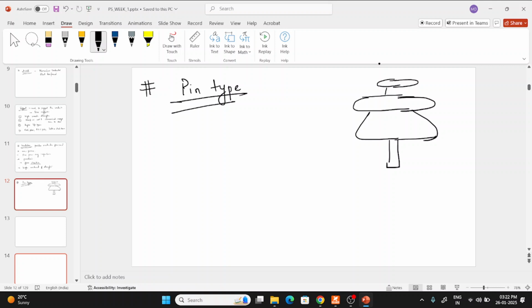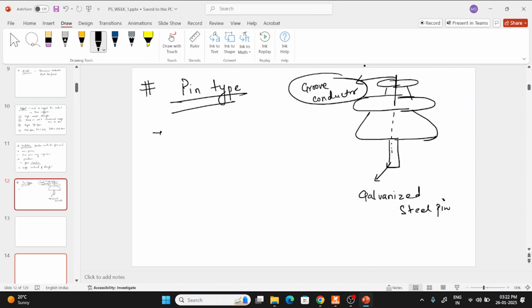Here it is a galvanized steel pin. Here is the groove for the conductor, inside which the conductor will fit. So this is the section of a pin insulator. It is secured to the cross arm. At the upper part, there is a groove for the conductor.